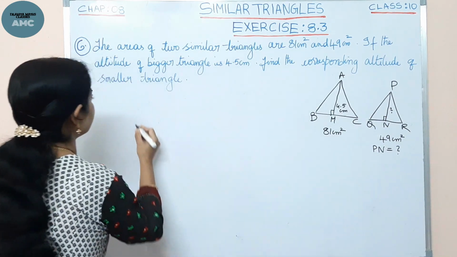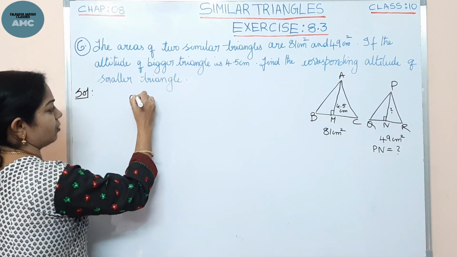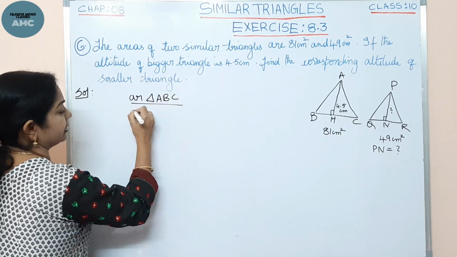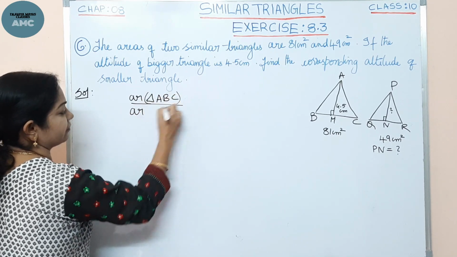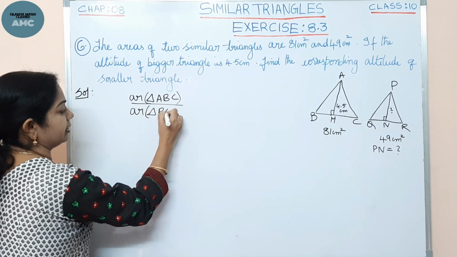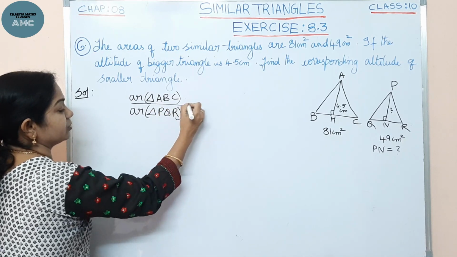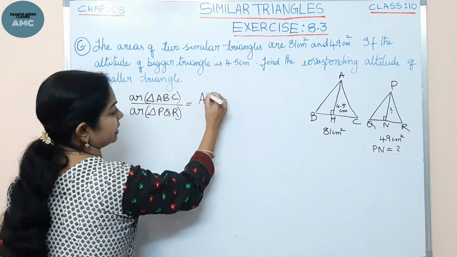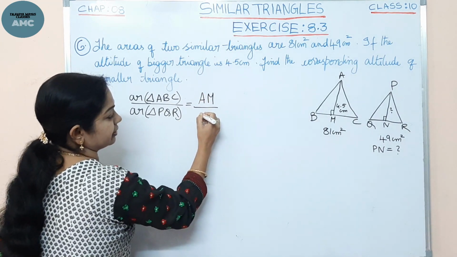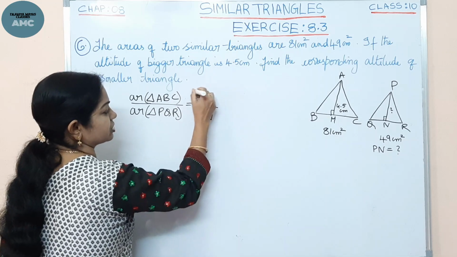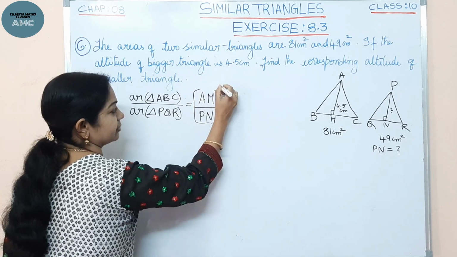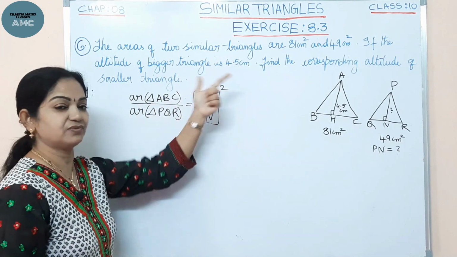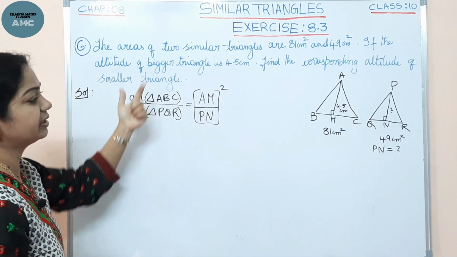Now from here we can say that the area of triangle ABC divided by, because we are finding the ratio, area of triangle PQR is equal to AM by PN whole square. Okay, this one. And we will substitute all the values which were given for us here. What are the given values?